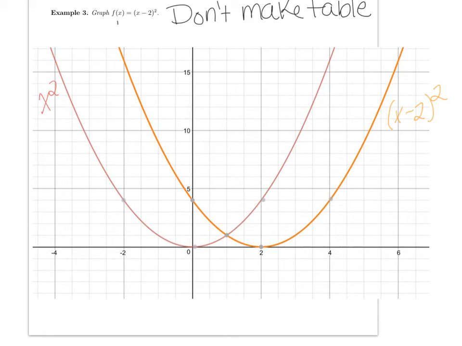So the x-intercept of the graph of x minus 2 squared is over at x equals 2. The y-intercept is at the point 0, 4. I should be able to clearly see these things labeled on your graph, whether they're labeled as points or whether they're labeled using your axes like I have here.